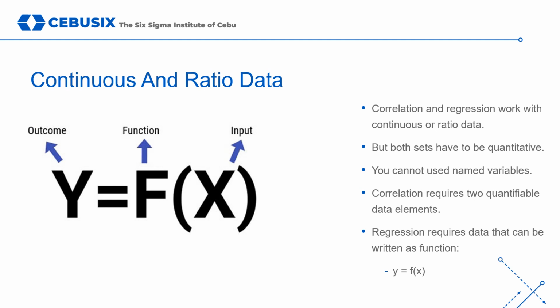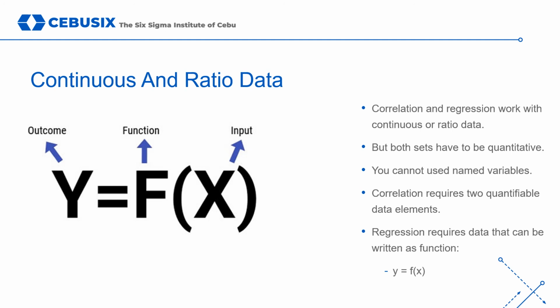Both correlation and regression work with continuous or ratio data, and both sets of variables have to be quantitative in nature. For example, you cannot have X variables that are the names of people and Y variables that are the number of outputs. This type of data would not apply to regression and correlation analysis, but may be analyzed using tools such as Pareto charts or pie charts.